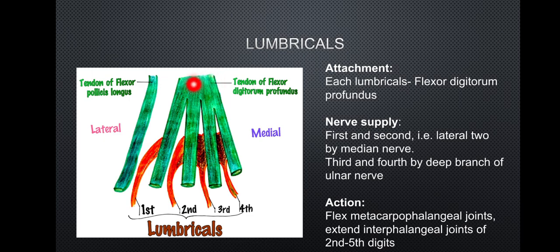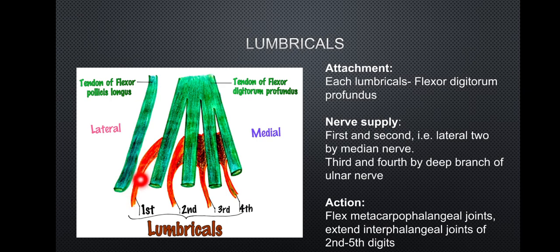This is the tendon of the flexor digitorum profundus, and they pass dorsally and laterally around each finger and get inserted into the extensor hood. These are the lumbrical muscles. These are the tendons of flexor digitorum profundus, whereas these tendons get inserted into the distal phalanx along the palmar aspect, whereas the lumbricals get inserted into the extensor hood of the fingers.